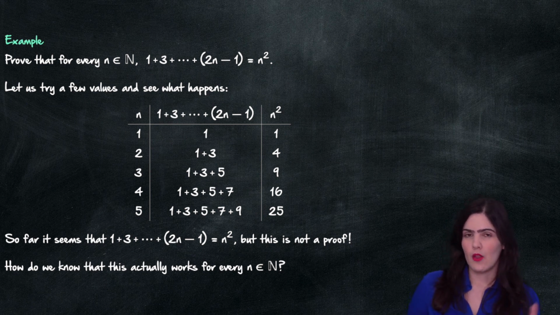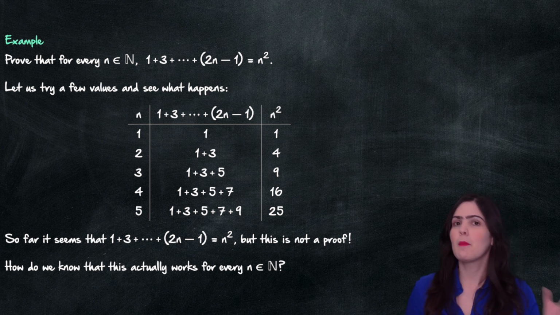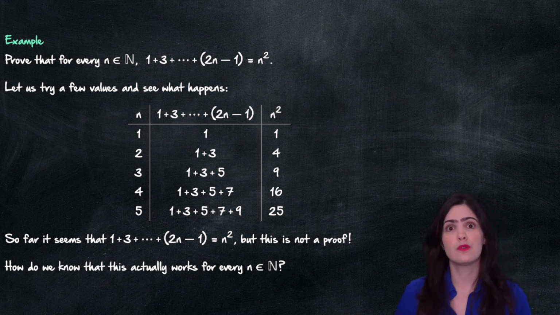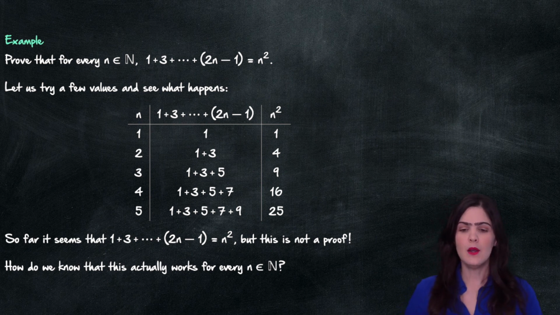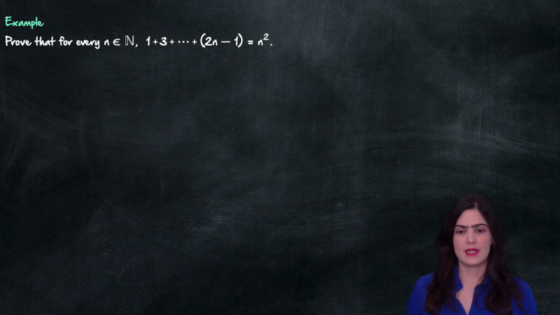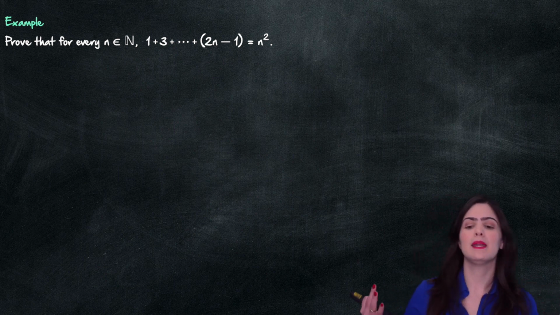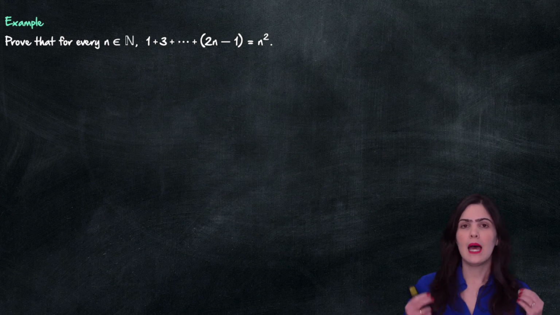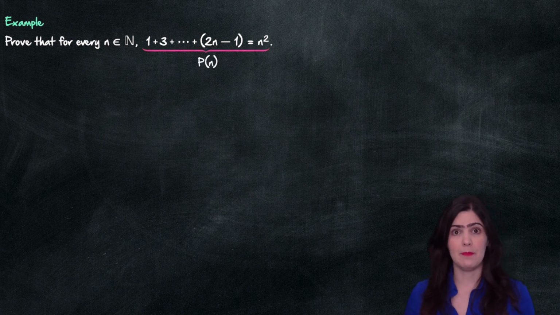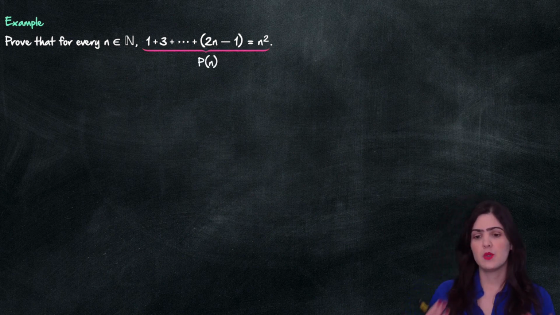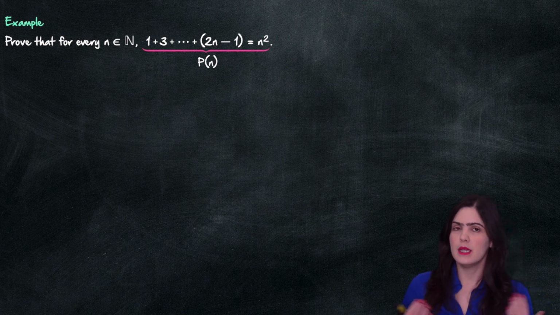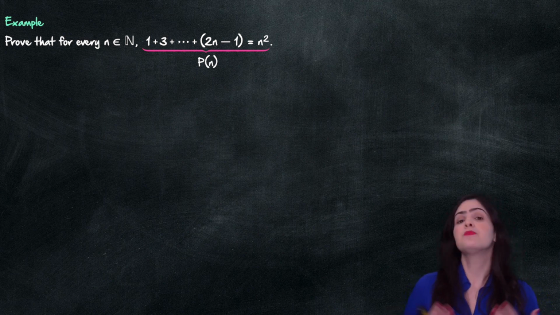Actually, there is another way of writing the proof of this statement, but for the purpose of this video, we're going to focus on proof by induction. Okay, so we want to prove that for any n, 1 plus 3 plus ... plus 2n minus 1 is equal to n squared. And to make our discussion a lot easier, I'm going to give the thing that I want to prove a name. I'm going to call it p of n. As you see, this depends on n, so it makes sense that the name I give it depends on n.